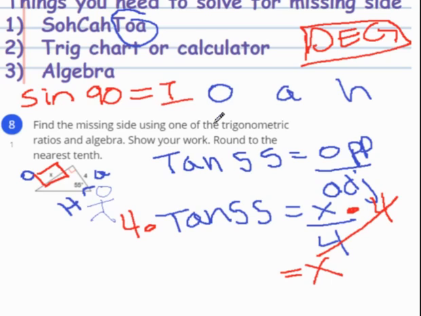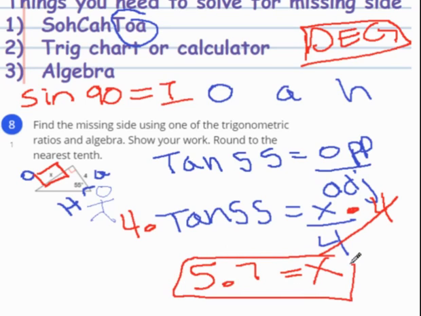I'm in the right mode. So now I can continue. 4 times tan of 55 equals 5.7. Well, there you go. 5.7 equals x. That means this missing side length is 5.7 units long.